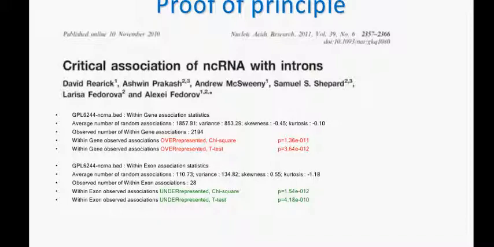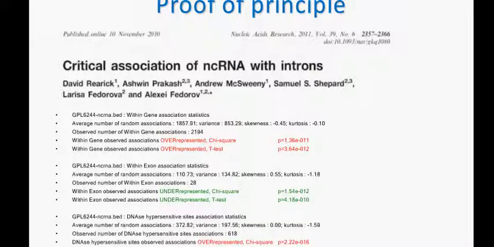Genome Runner provides us with new information. It identifies that non-coding RNAs are actually also associated with DNA's hypersensitive sites, statistically significant. So after seeing all those red and green lines and all this over and under representation, you may wonder, does Genome Runner identify something that is not significant?